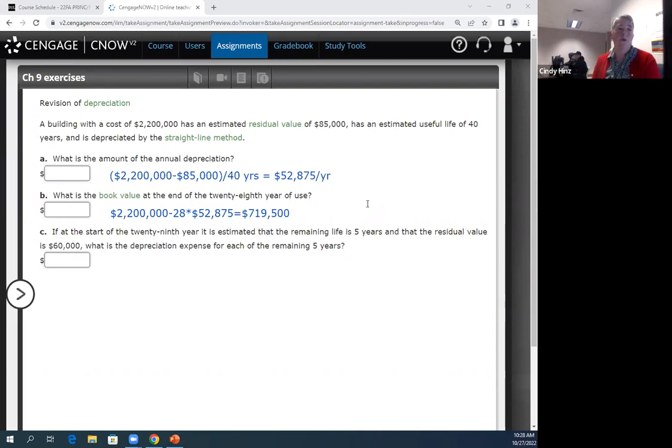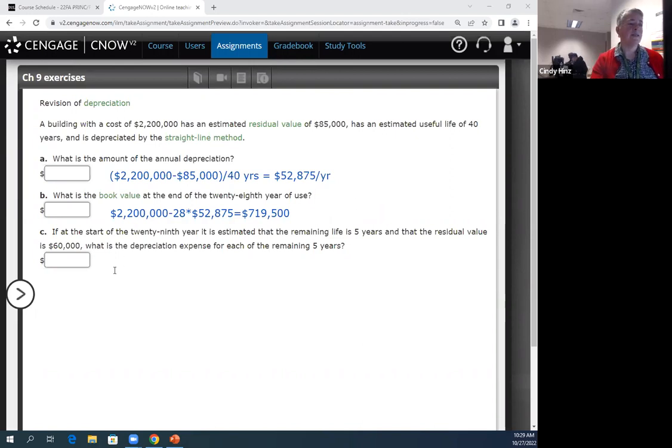In fact, we think we're only going to be able to use it for 5 more years. And at that time, rather than the value of the building being $85,000, which we had originally thought, the value is expected to only be $60,000. So question C asks, what is the depreciation expense we're going to record for each of the remaining 5 years when we take into account this new information?